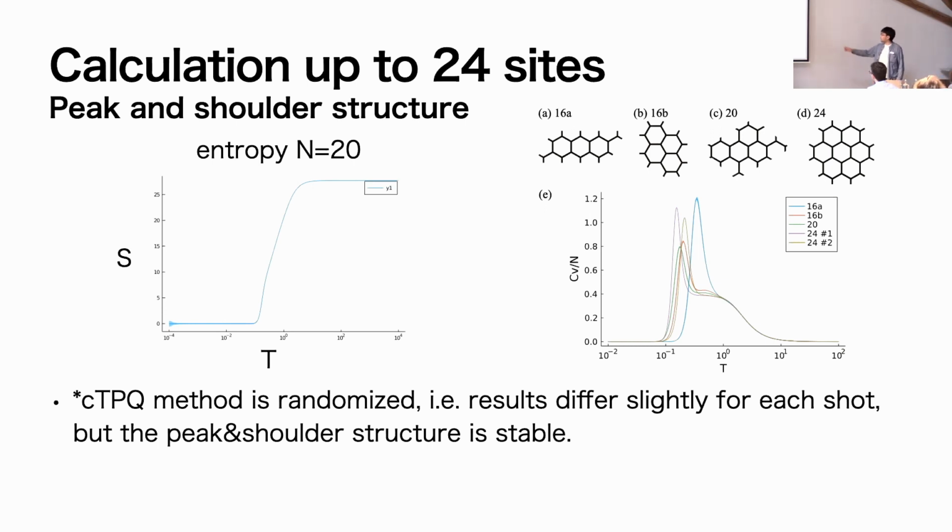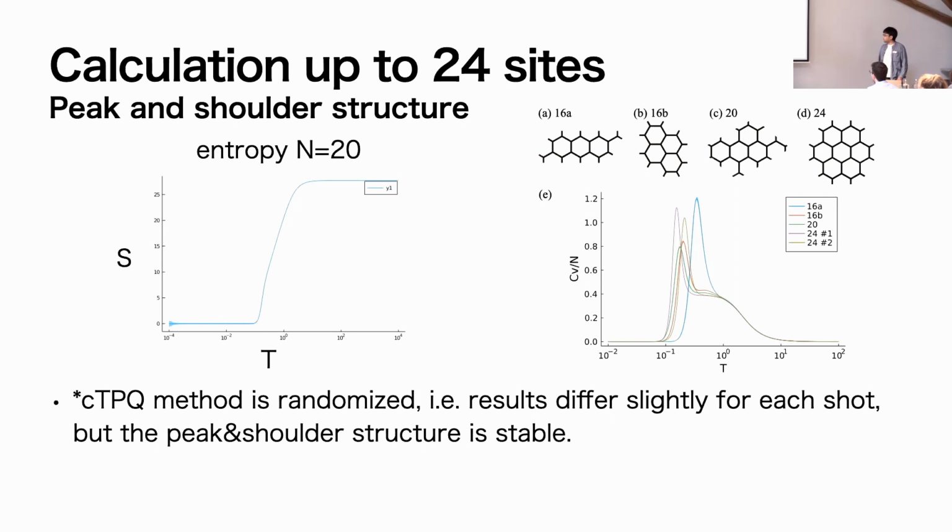And we also have a kind of sharp drop in the entropy. The left-hand side is the figure of entropy, and the right-hand side is the heat capacity. What I want to say is that this is very characteristic for this system. So it may be a good signature for experiments, but I also found that the low temperature gap is very large and very clear, independent of the cluster size.